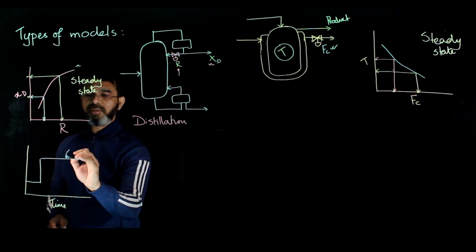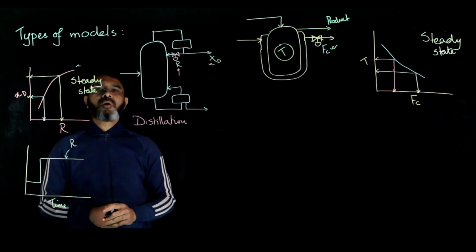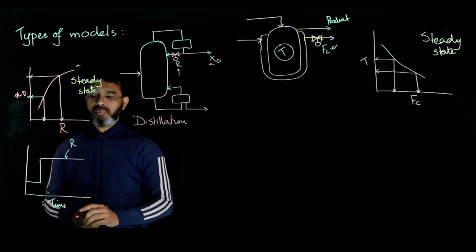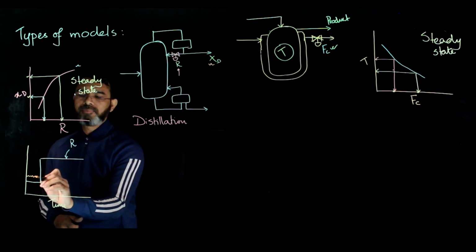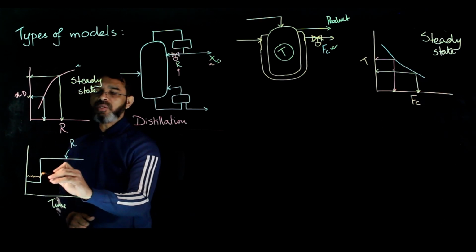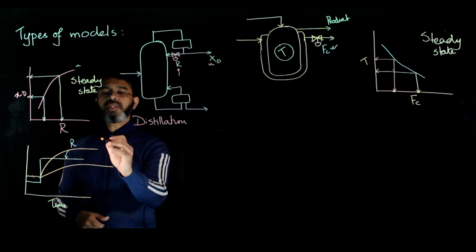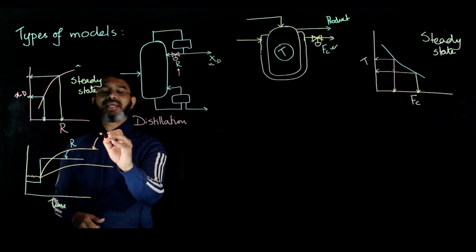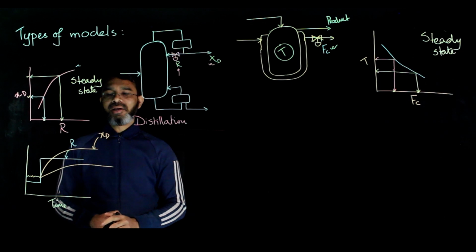So this represents your R. How is xD going to change from its initial value to the final value? So if xD had an initial value something like this, whether it's going to change like this or it's going to change slowly like this. So you need to know how this xD is going from its initial value to the final value.